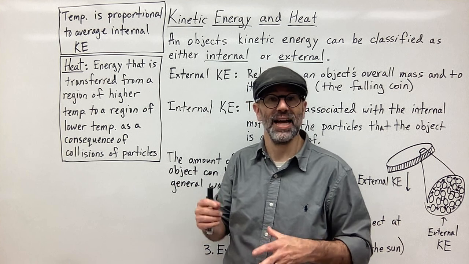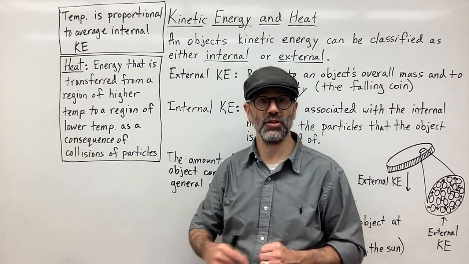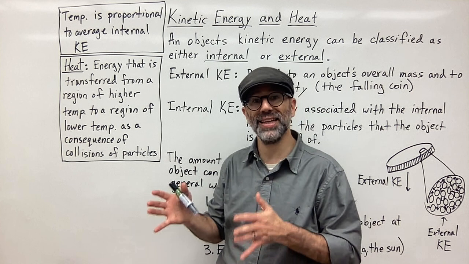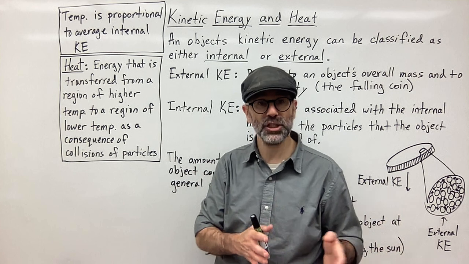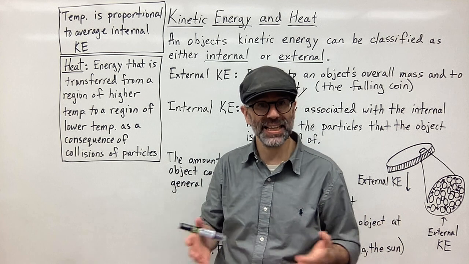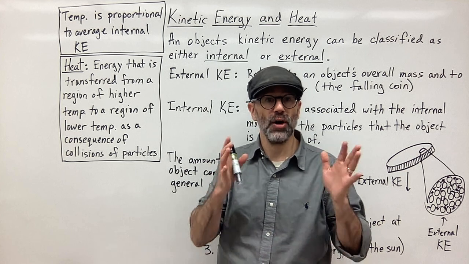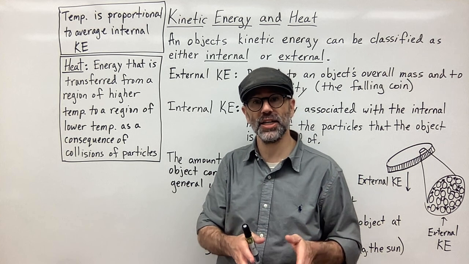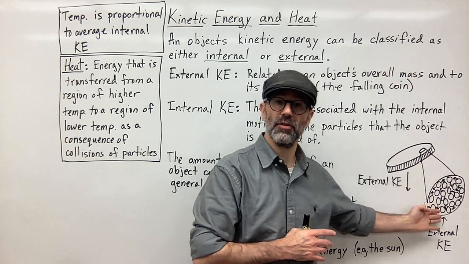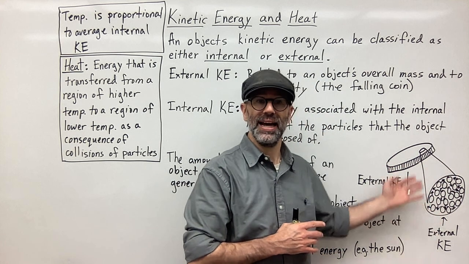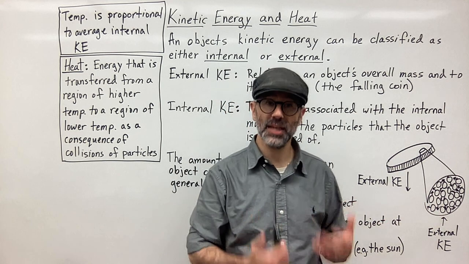That means the average velocities of the particles are increasing. So temperature is related to the motion, or the average speed, of the particles in the object itself. That's why it's related to the internal kinetic energy. The internal kinetic energy is related to the movements of the particles in the object, and that again is going to be related to the temperature of the object.